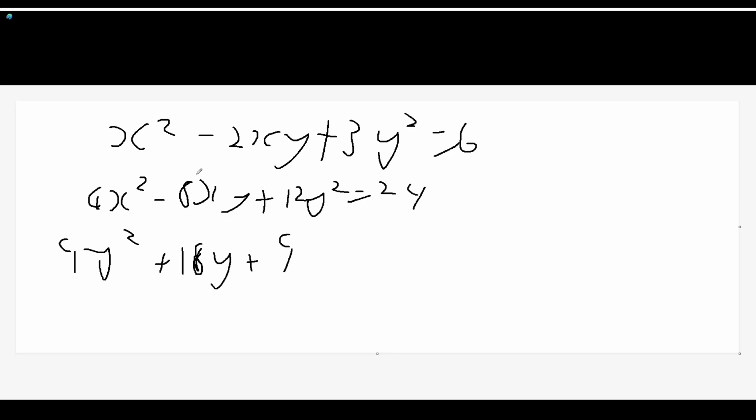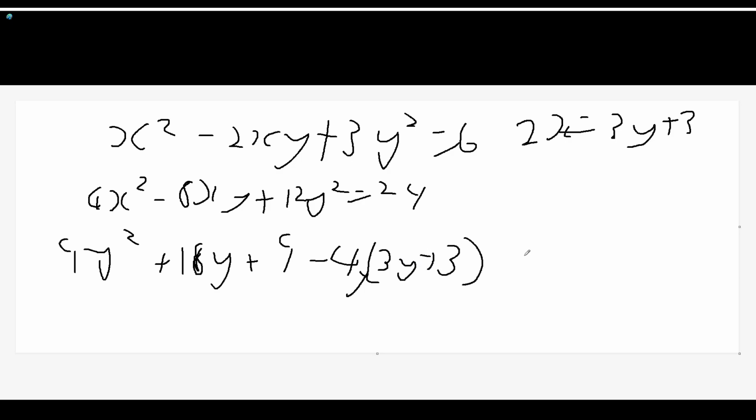But instead of working with 8xy, because we never work with xy, we can substitute in for x. And the expression we had earlier was 2x is equal to 3y plus 3, right? So what we can do is just take out the 2 from this. So it would be minus 4y, and substitute this in 3y plus 3. Okay, and then we just add the last term here, which is plus 12y squared is equal to 24, right?